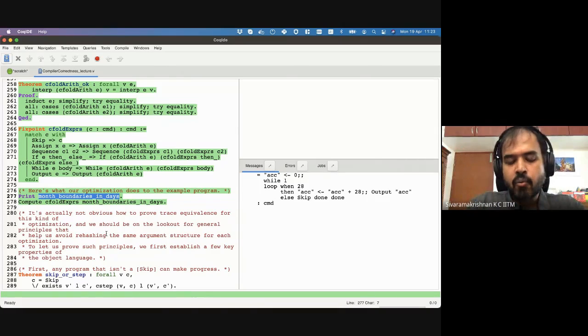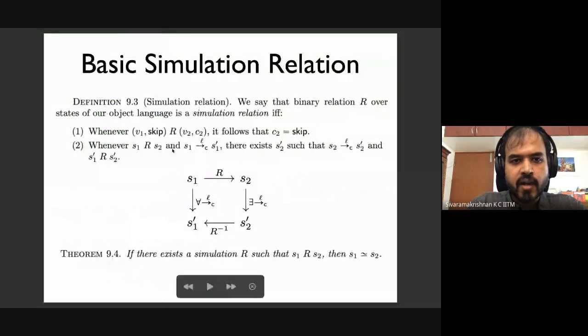So what we will do is look at this one, where there's something interesting here. This simulation relation says that there is some relation R that relates B comma C to V comma C, and it has two properties: they agree on termination, and if the left hand side can take a step, then the right hand side can also take a step.